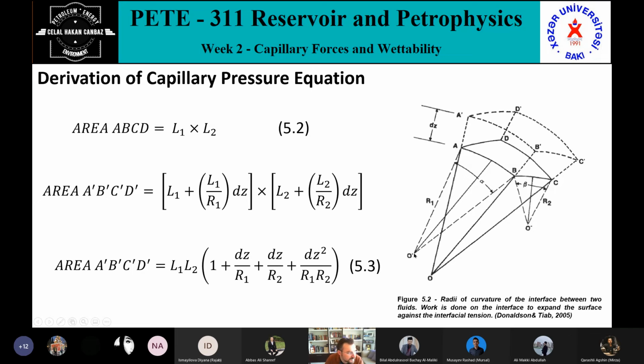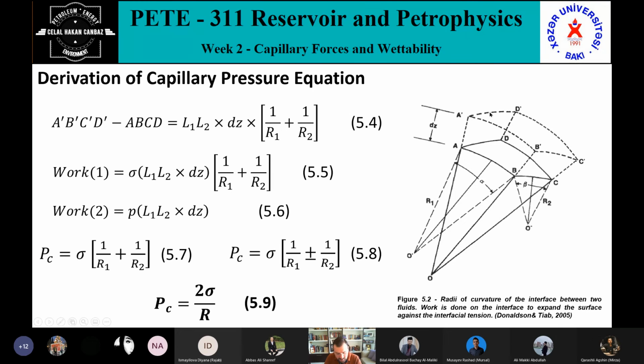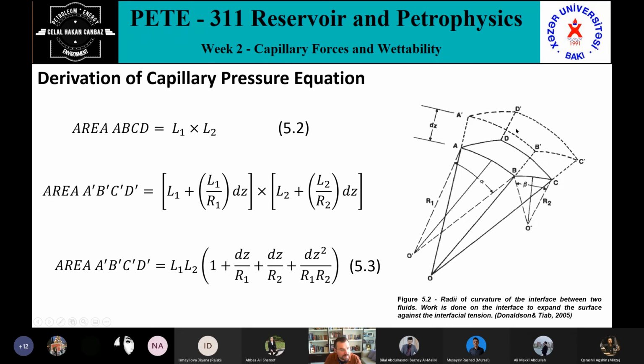Okay, I think this is clear. So L1 plus L1 divided by R1 times dz, and L2 plus L2 divided by R2 times dz. When we multiply these two, I will reach the area of my new interface.